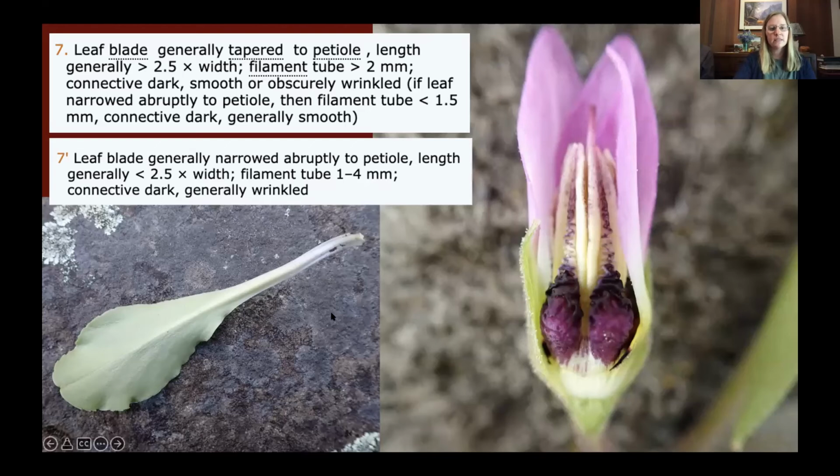So this is a challenging break, and it's also challenging to determine exactly where the blade transitions into the petiole. So that's challenging for getting a measurement.